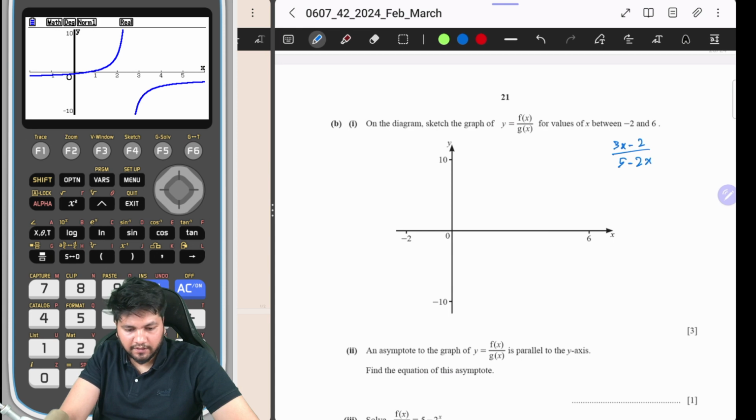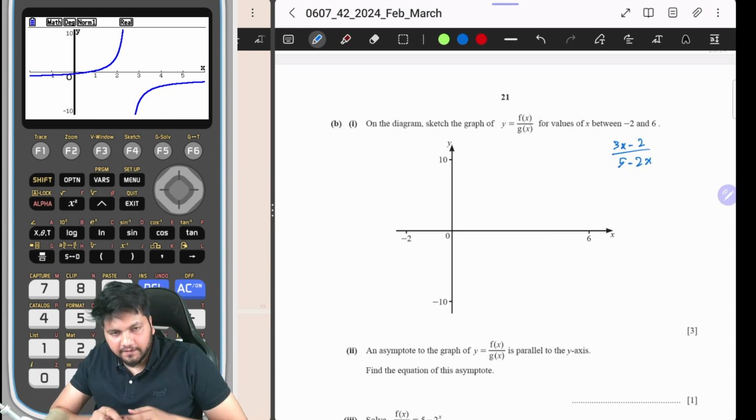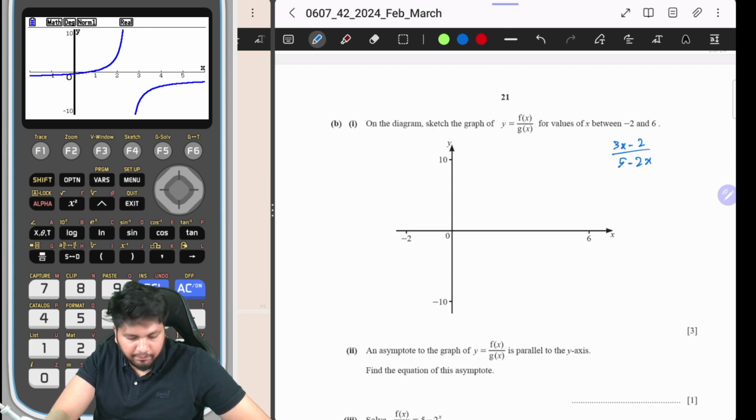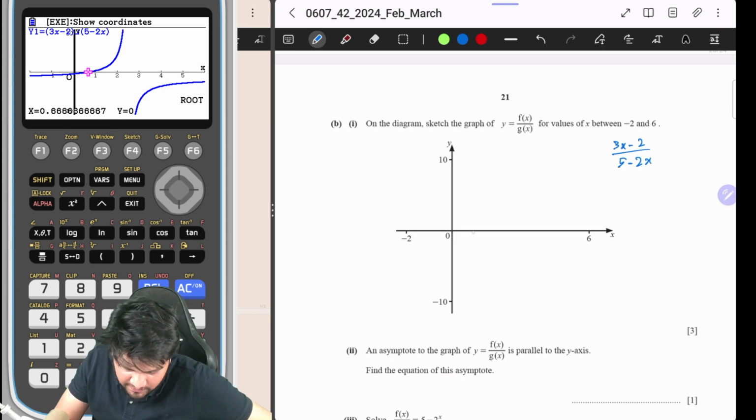This is what the graph looks like. Now remember, in this graph, make sure that you draw it accurately because you need to show the asymptote. Here I would prefer that you use roots like x-intercept. So root would be my x-intercept. As you can see, 0.66. So somewhere here is the root.